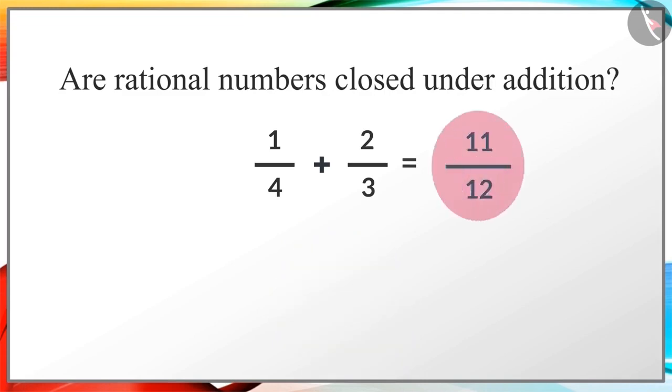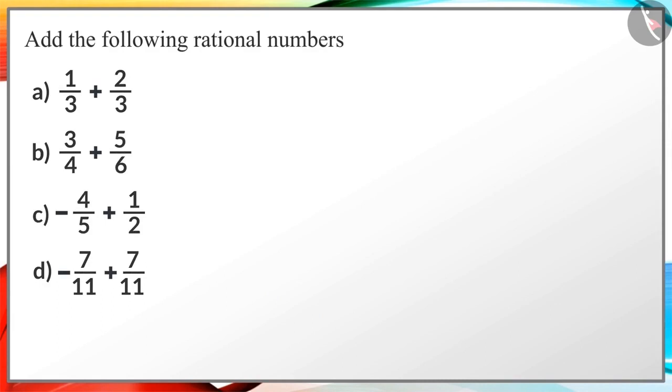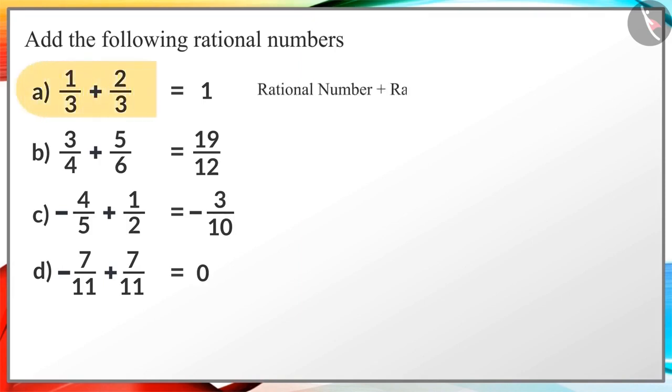Yes, sir, it is a rational number. Children, now add the following rational numbers and observe the result. Children, you will see that adding any two rational numbers gives another rational number because rational numbers are closed under addition.